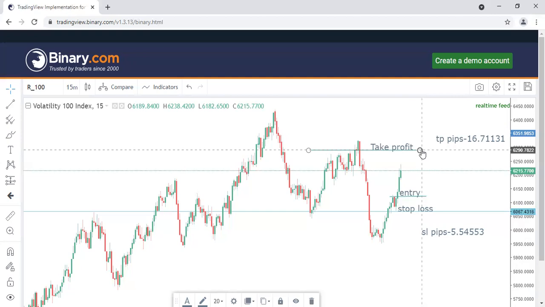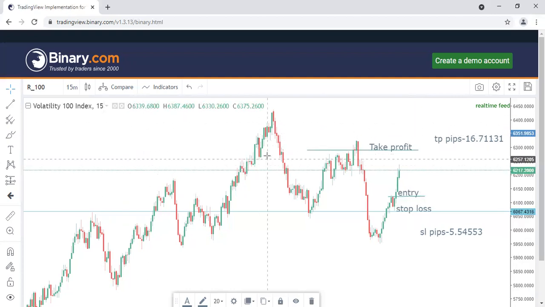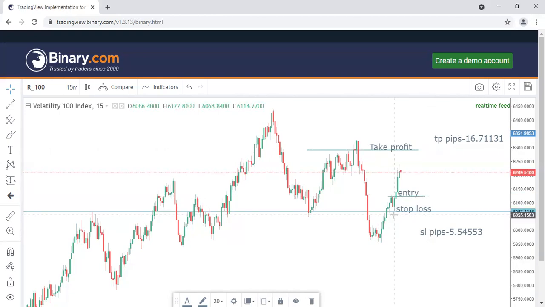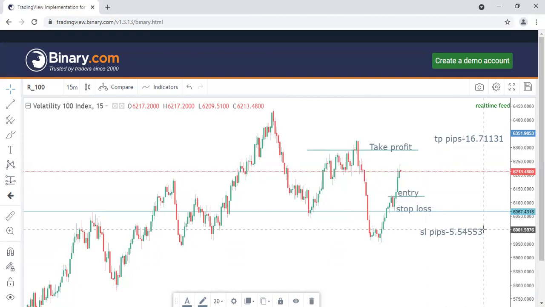So now, moving on. I already made mention of the fact that on VIX 100, the least lot size you can use is 0.2. If 0.1 lot size represents $1 per pip, definitely 0.2 lot size will represent $2 per pip. Now, on this trade, our stop loss is 5.4553 pips.